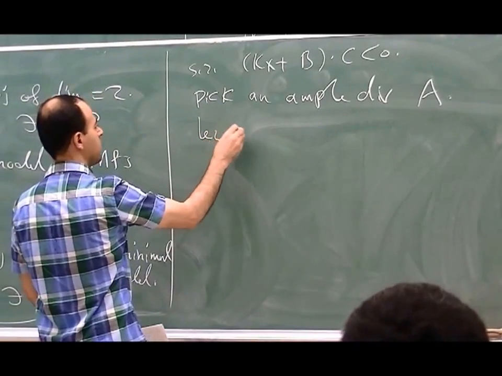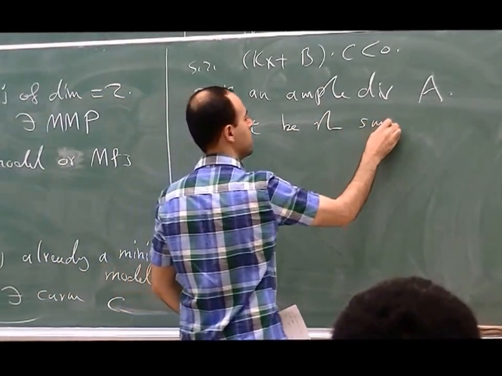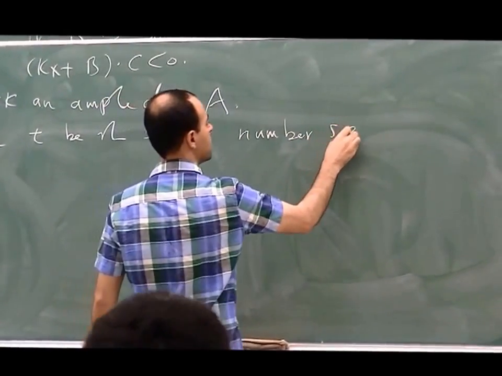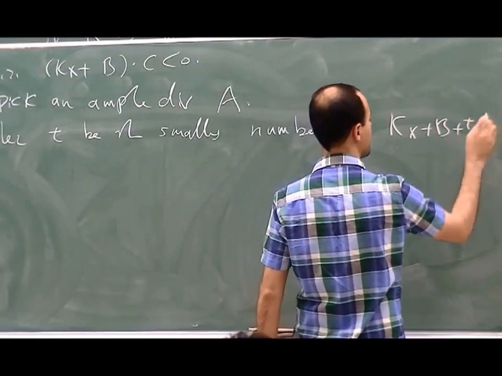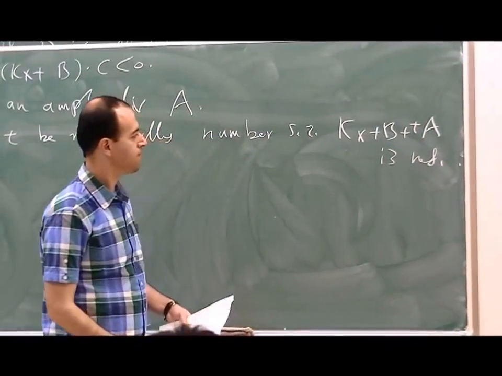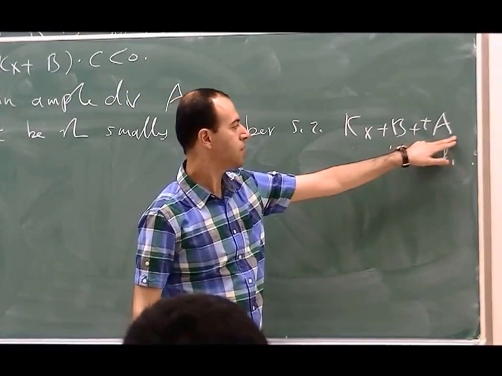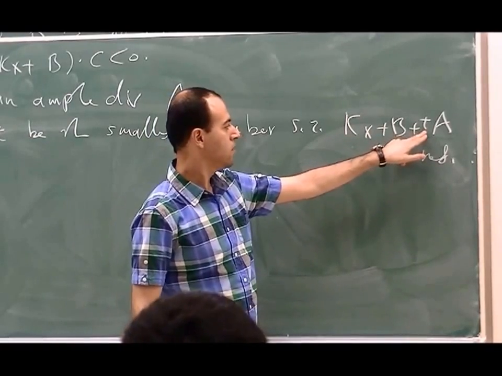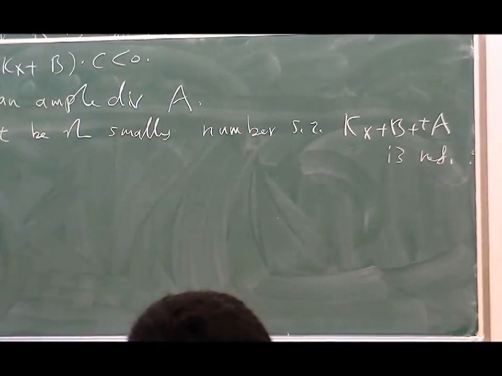So let t be the smallest number such that K_X + B + tA is, well, nef. So if I take t to be very large, because of this ampleness, this also becomes ample. But I want to somehow take just the smallest, not any extra.